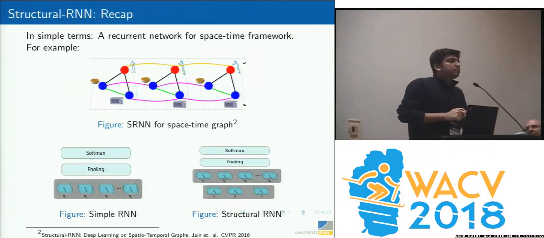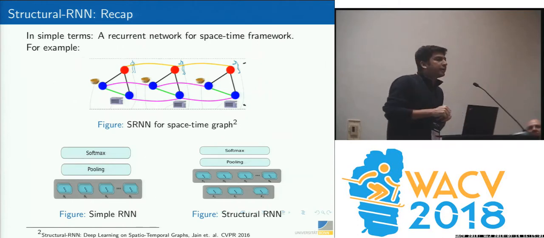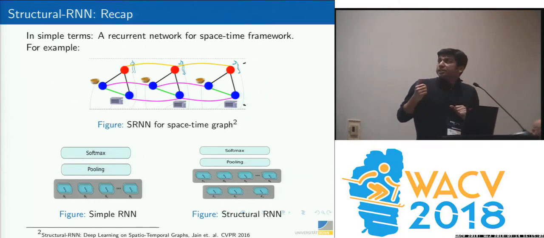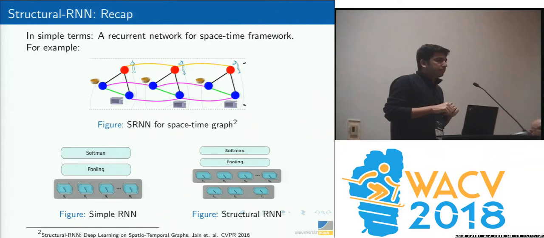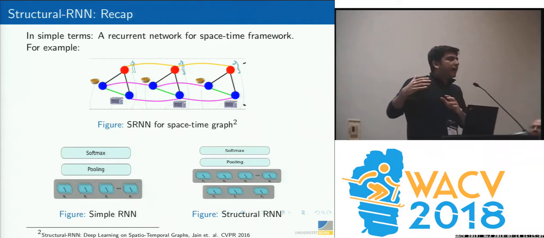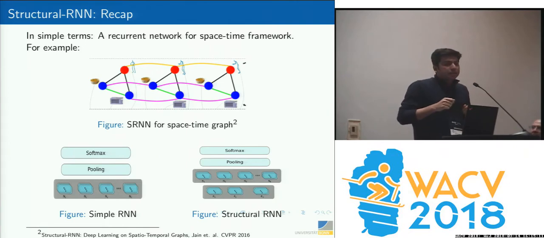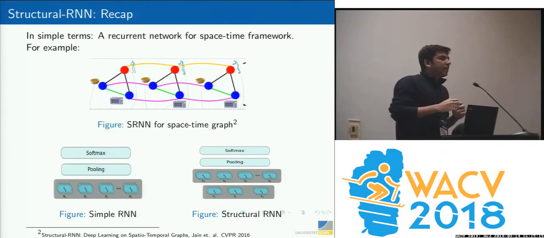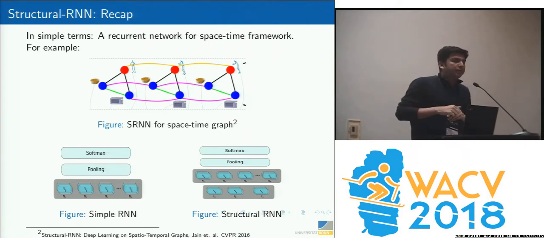Moving on to the next part, here we are using a structural recurrent neural network, which is a kind of hierarchical recurrent neural network which tries to map a spatiotemporal graph into a neural network framework.